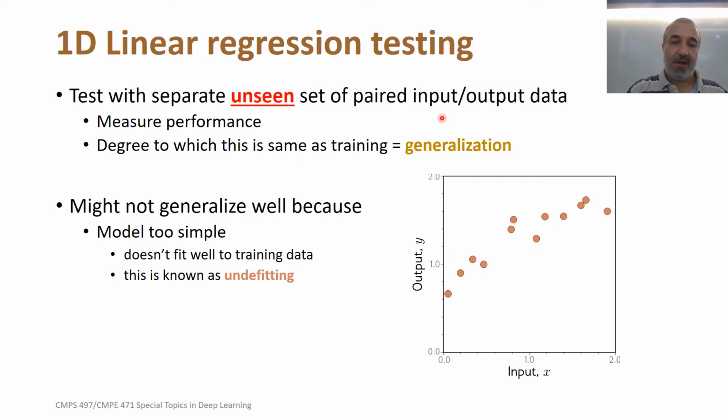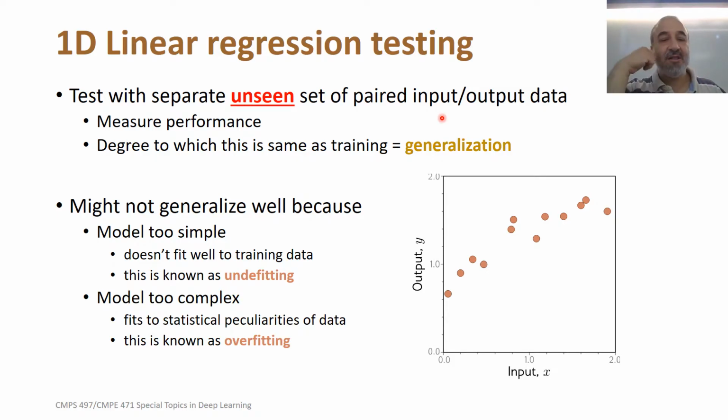In the other extreme, maybe the model might be too complex. So when you try to fit it to the data, it fits even the noise in the data. Sometimes data has noise, meaning errors, for example in measurement.